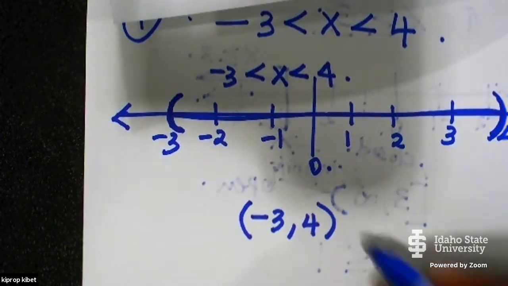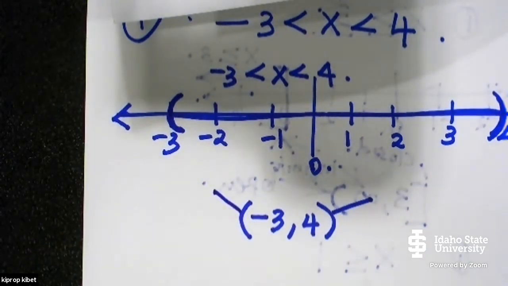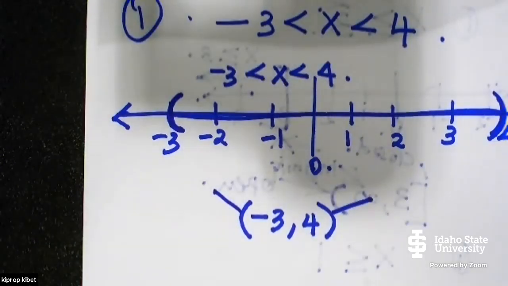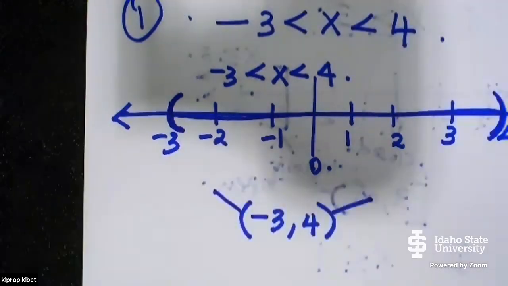So this is not including 4, and it is not including -3. Are we together? Any question? All right. Okay, you can try this.